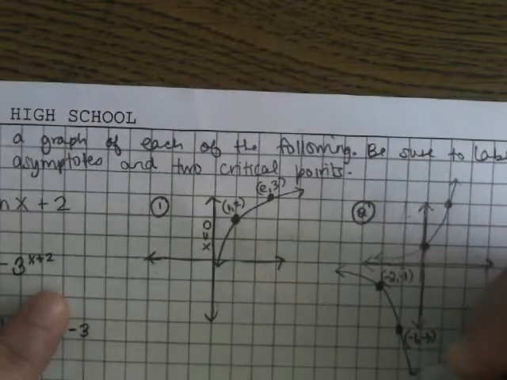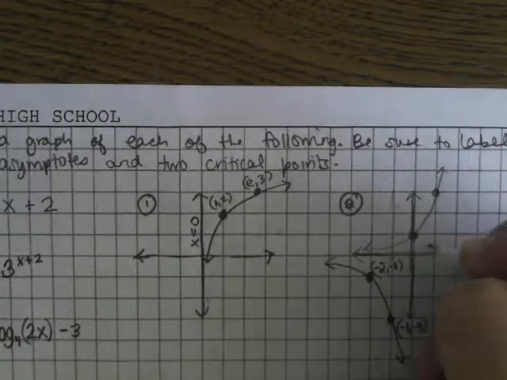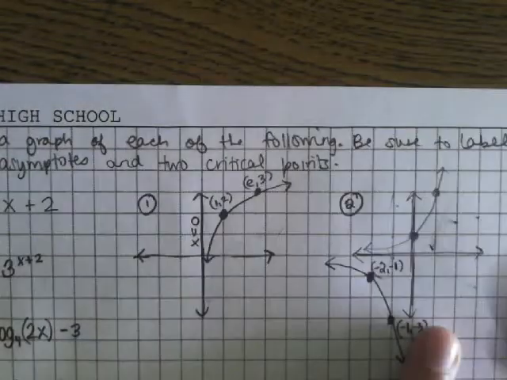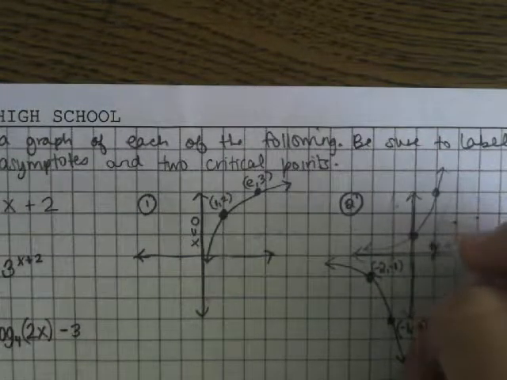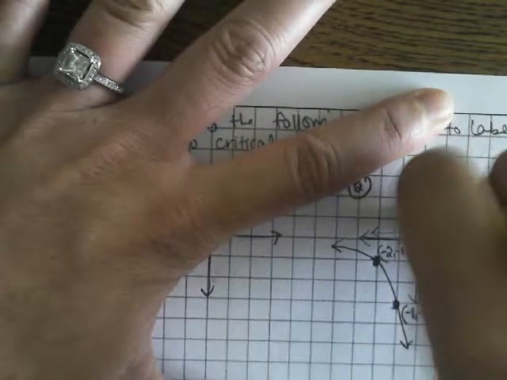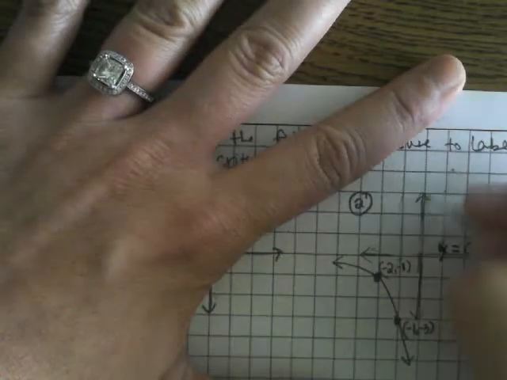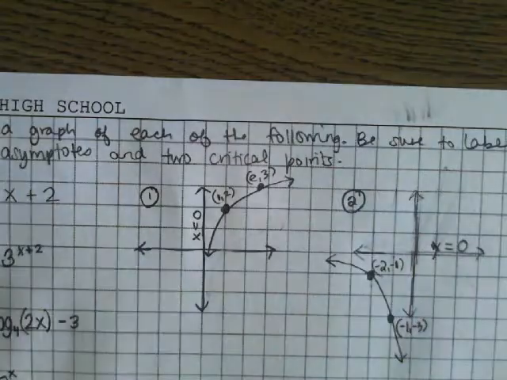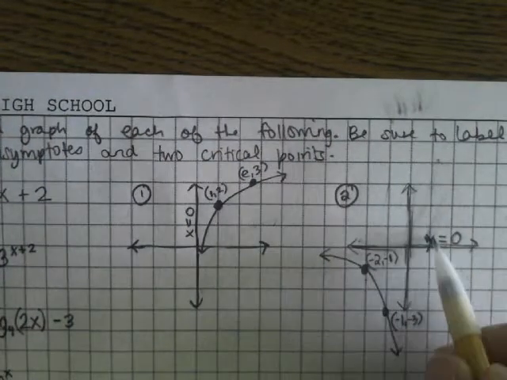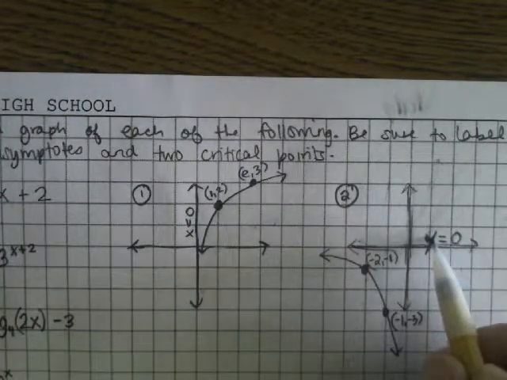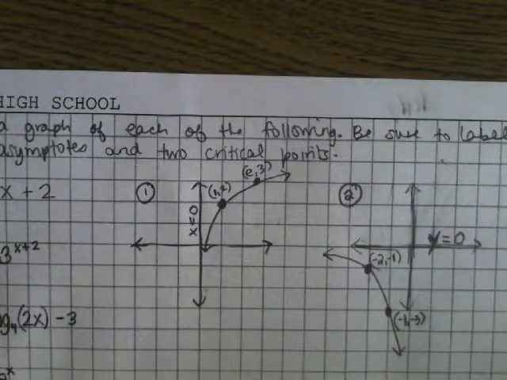And I'll label my asymptote y equals 0. And I'll get rid of my guide there. Any questions on that?